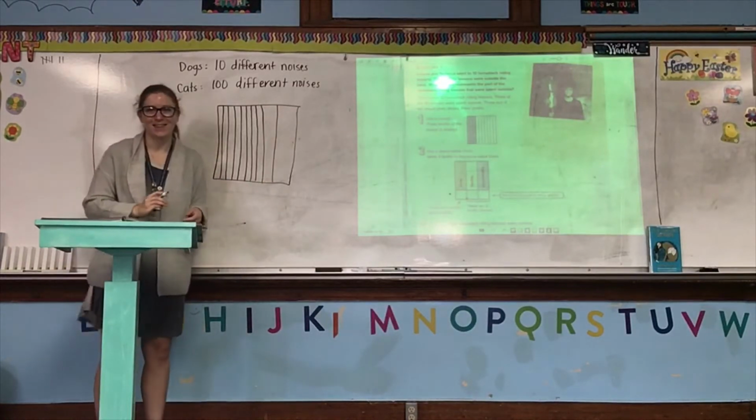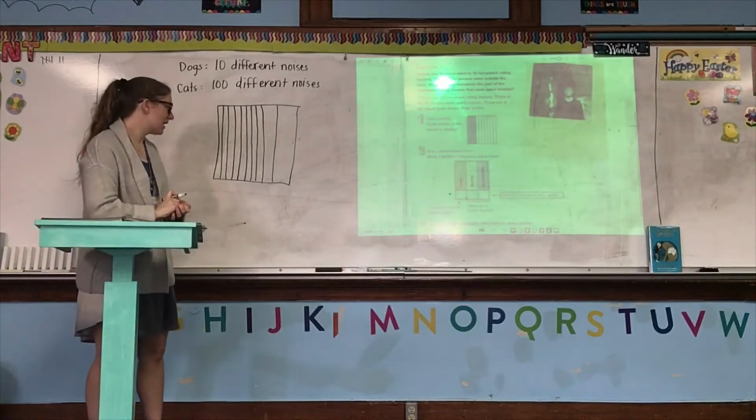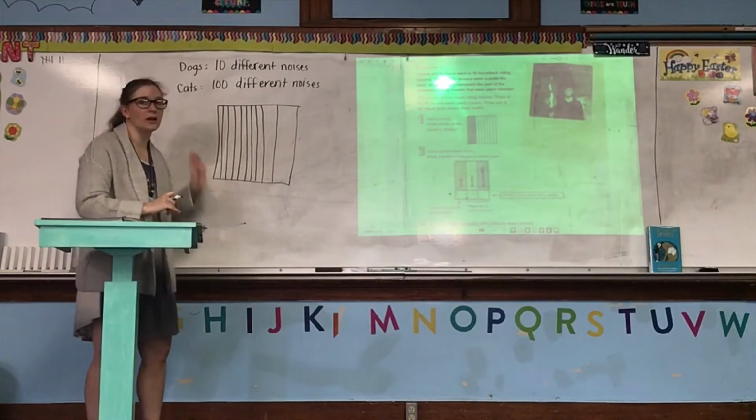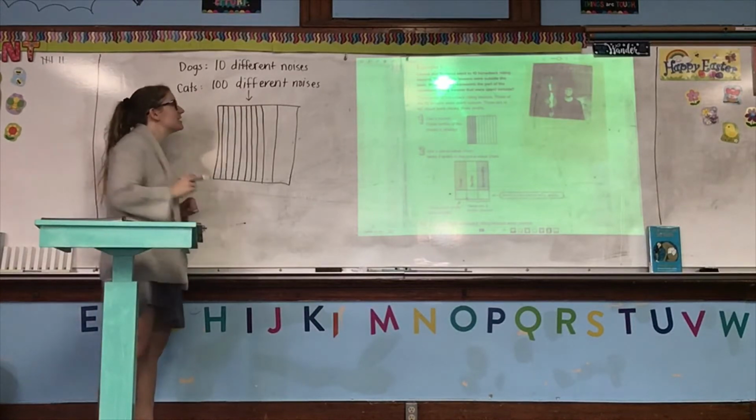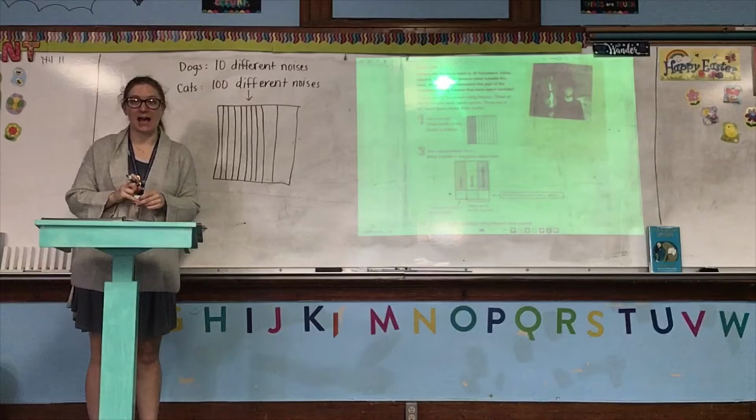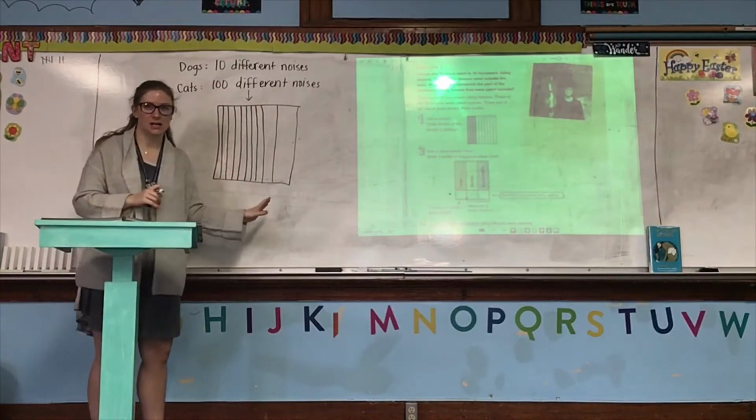Okay. I thought I was going to run out of room, but I did not. So what this whole grid represents is the 100 different noises that cats make. This whole grid, even though there's only 10 pieces.